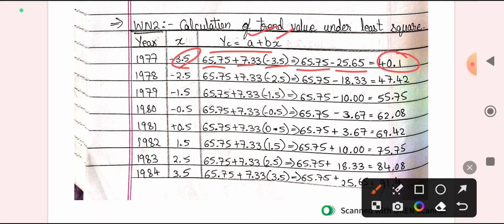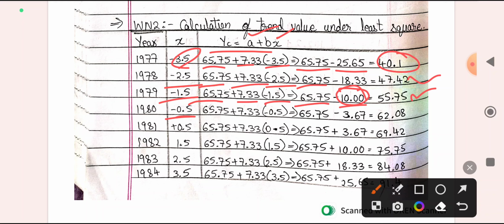Okay, next we have minus 2.5 as the x value: 65.75 plus 7.33 into minus 2.5, it becomes 65.75 minus 18.33, which is 47.42. Next the x value minus 1.5: 65.75 minus 7.33 into 1.5, that is about 11, so it will be 54.75.